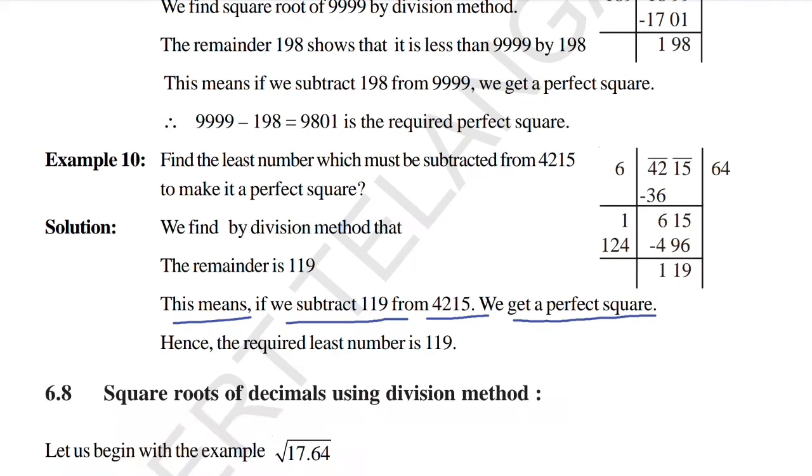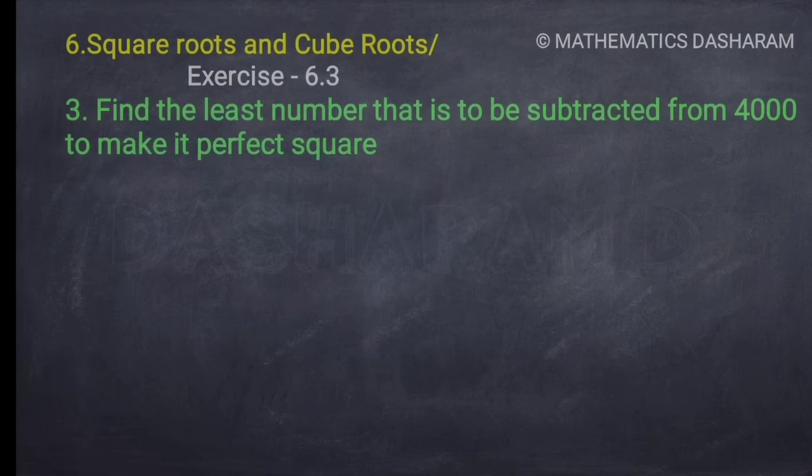That is why the remainder should be subtracted from the given number, so then it will become perfect. So the least number which must be subtracted is 119. In this way let's do the exercise problem.